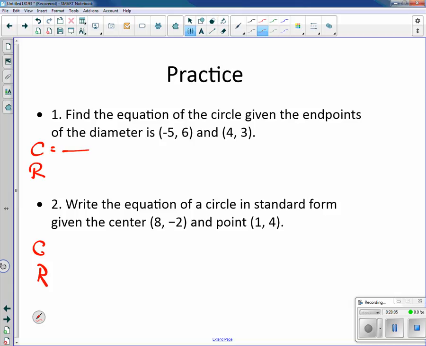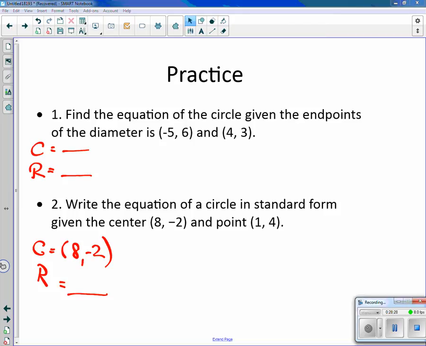No. So you have to find the center first by doing the midpoint. Did they give me the radius? No. Let's look at problem number 2. Did they give me the center? Yes. So I don't have to find the center this time. I can just plug it into my equation. Did they give me the radius? No. All right, so go ahead and try those 2 problems.